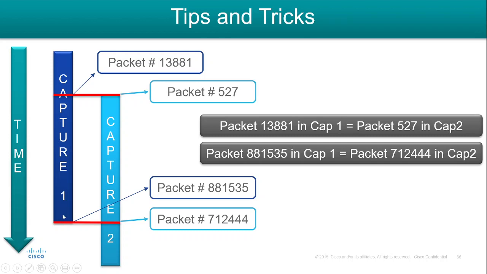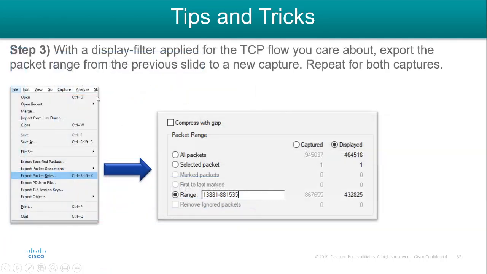The way I export this out, knowing the exact packet numbers and what number they were in each capture. So for capture number 2, we're dealing with 527 through 712444, and in capture number 1, we're dealing with 13881 through 881535. So that means when I go to Wireshark, I can go to File, Export Specified Packets, and then put in a range.